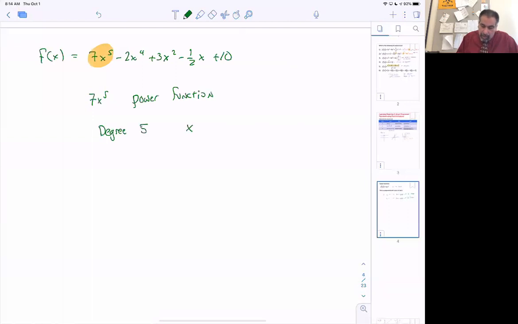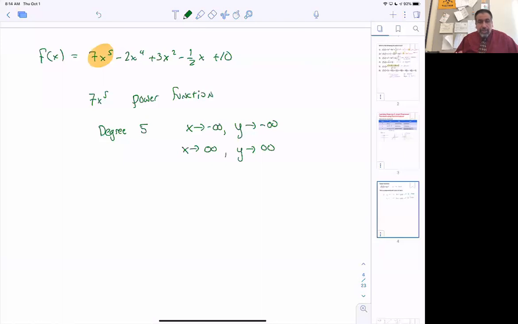that as we go all the way to the left, the y values are going to go all the way down. Okay, because that one's odd. It's an odd function, odd degree. And we also know as x goes all the way to the right, the y values are going to go all the way up.